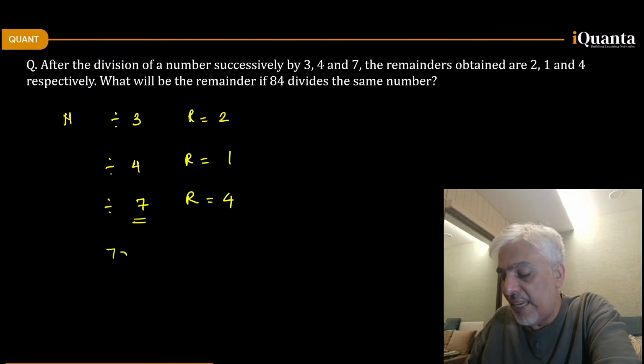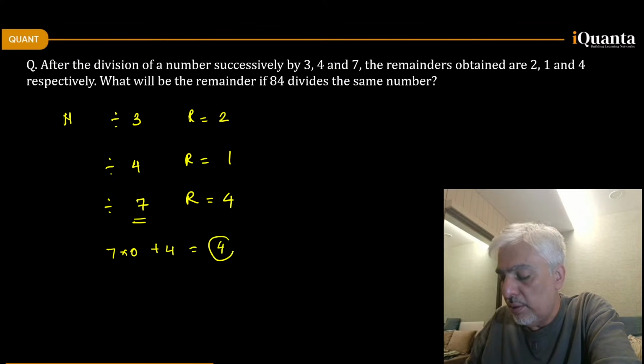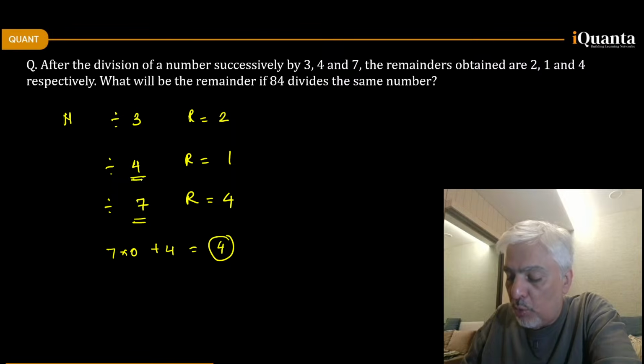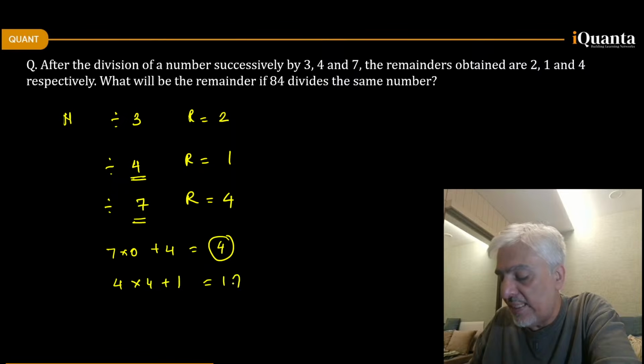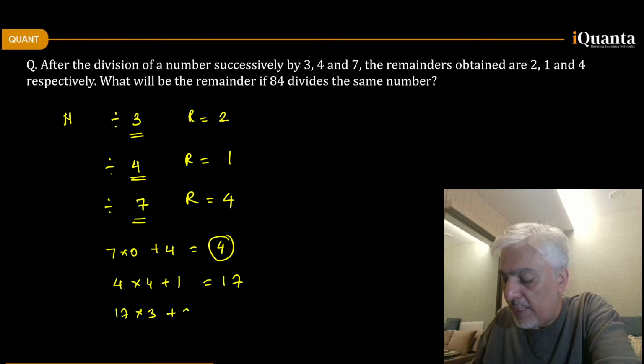So my number is 7 into first number. The first part is 7 into 0 plus 4, which will be 4. That means this part's quotient is 4. So the number over here becomes 4 into 4 plus 1, which is 17. That means the quotient over here is 17. 17 into 3, 51 plus 2, 53.